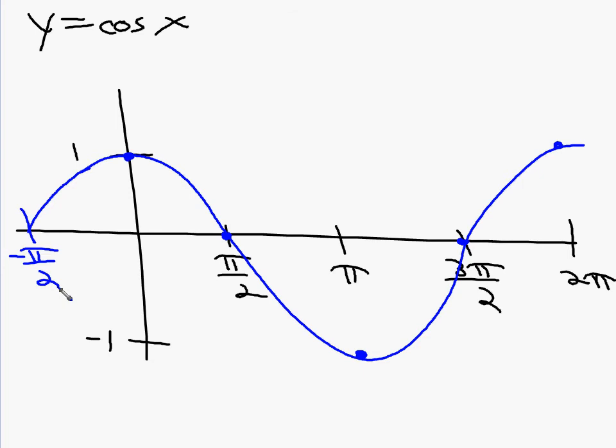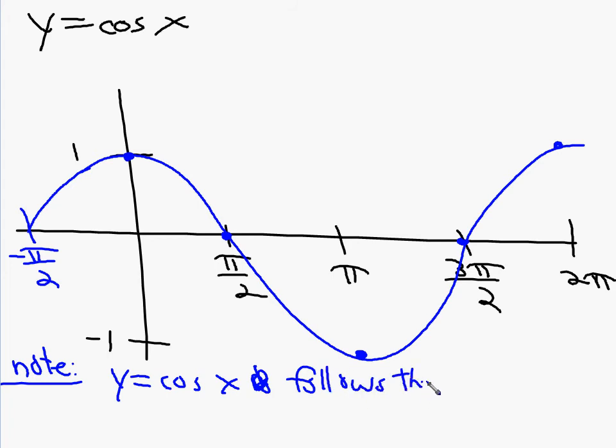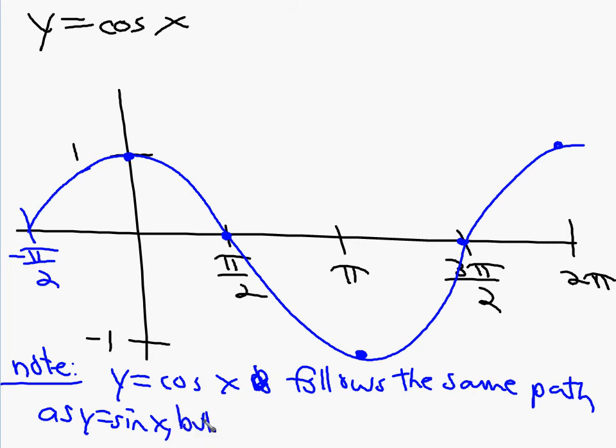So we would say, note, y equals cosine of x follows the same path as y equals sine of x, but it is pi halves behind, or we would say out of phase.